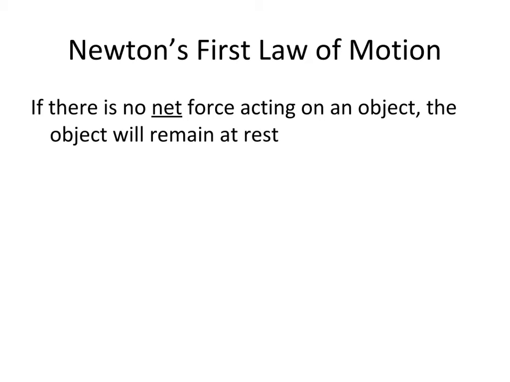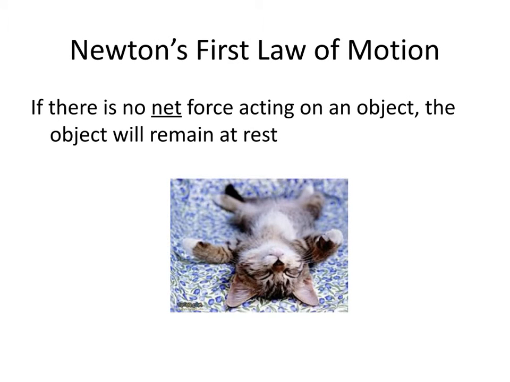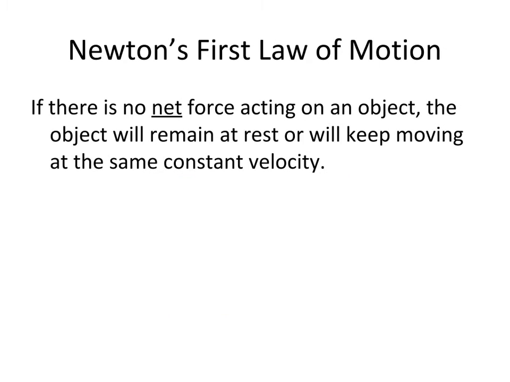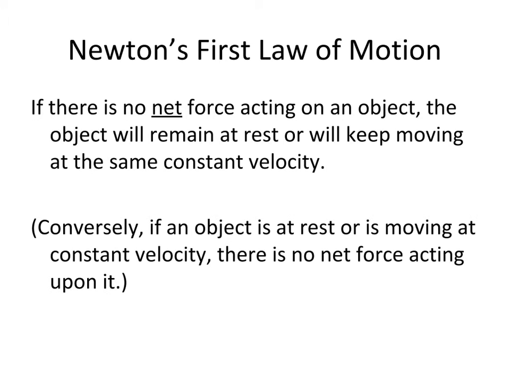Newton's first law tells us that if there's no net force acting on an object, the object will remain at rest. At least, that's one possibility. The other possibility is that the object will remain in motion with the same constant velocity. So that means that it will keep moving at the same speed with the same direction.